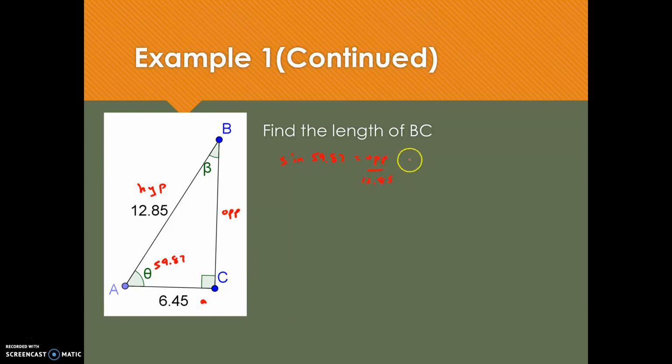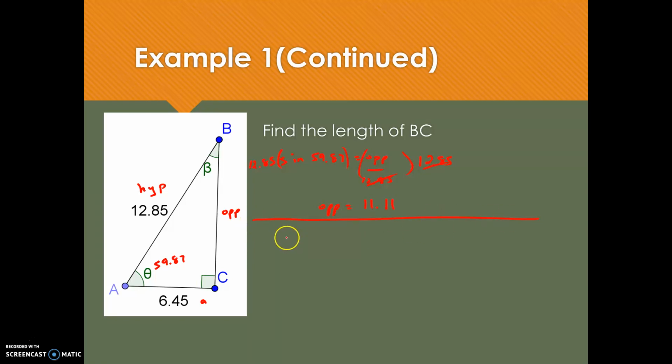To get rid of the division, we multiply both sides by 12.85. Those would cancel. The opposite side would then be 12.85 times the sine of 59.87, which should be 11.11. I think that's probably centimeters, but it doesn't tell us, so we'll have to float with that one.